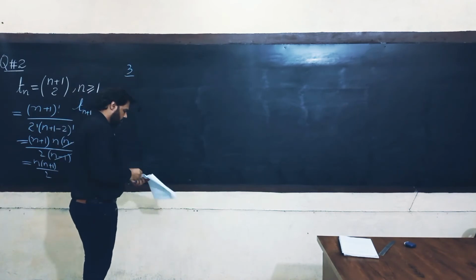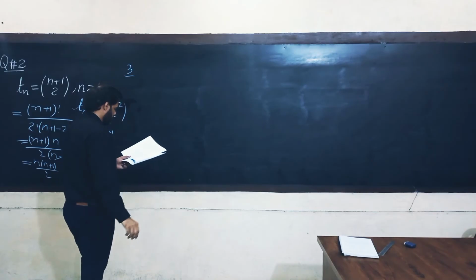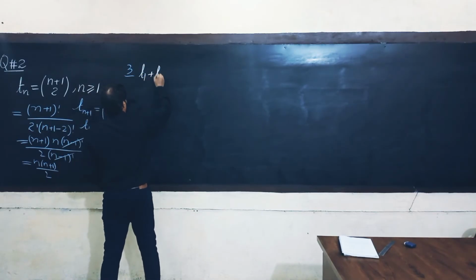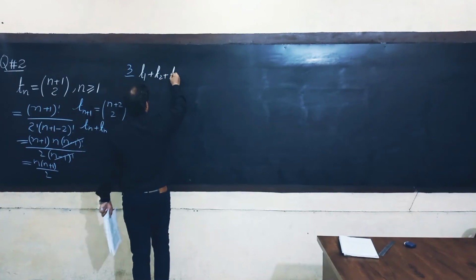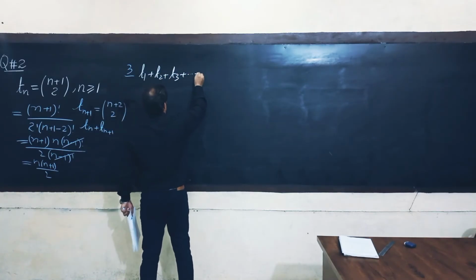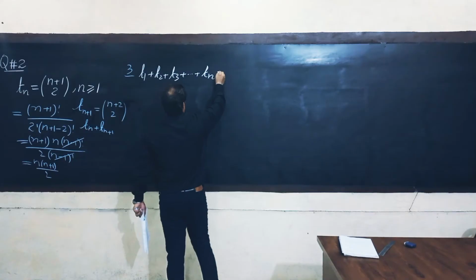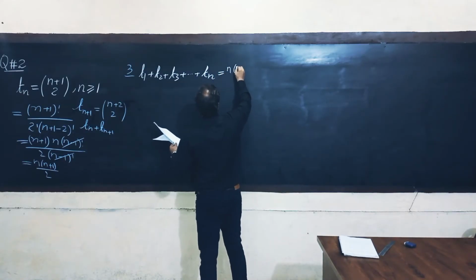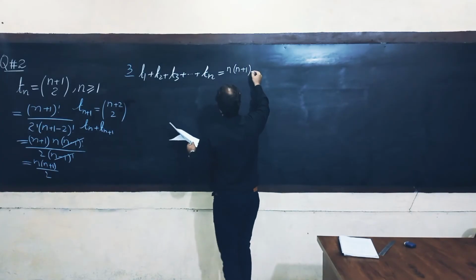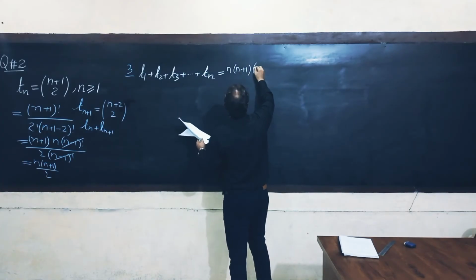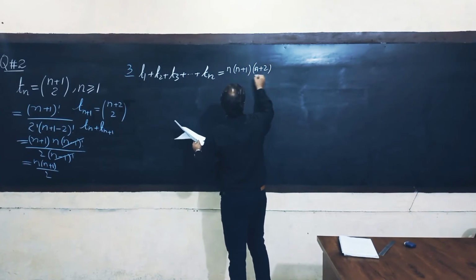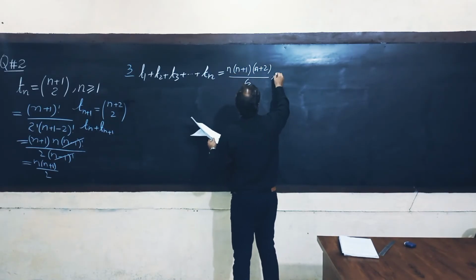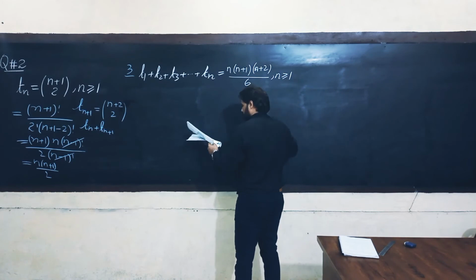The sum of the first n triangular numbers T1, T2, T3 and so on up to Tn is simply equal to n into n plus 1 into n plus 2 over 6, where n is greater than or equal to 1.